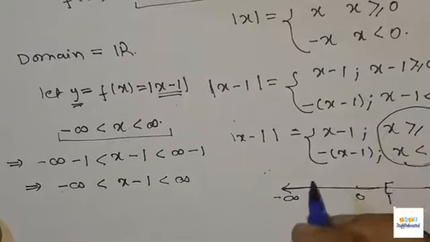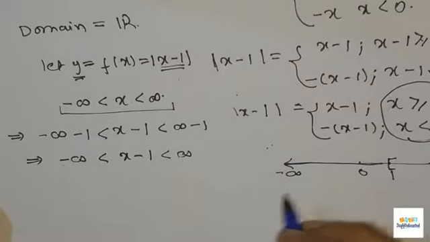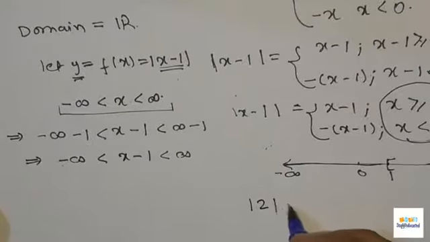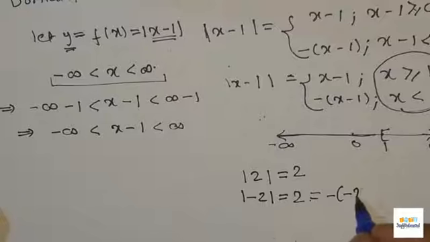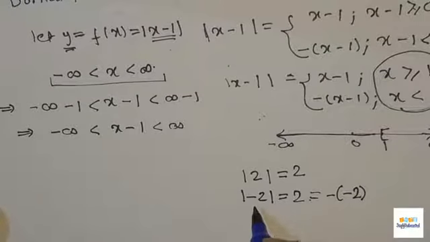Now you can see that modulus of any quantity is positive always. For example, if you take modulus of 2, you will get 2. Modulus of minus 2, also you will get 2. Why? Because by the definition of modulus, modulus of minus 2 will be minus of minus 2, because minus 2 is negative. So whenever you have a negative number, the modulus function just multiplies a minus sign to the negative number and makes it positive.